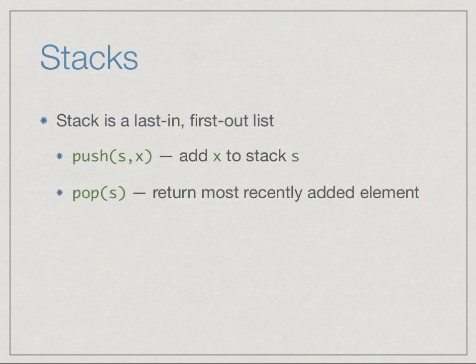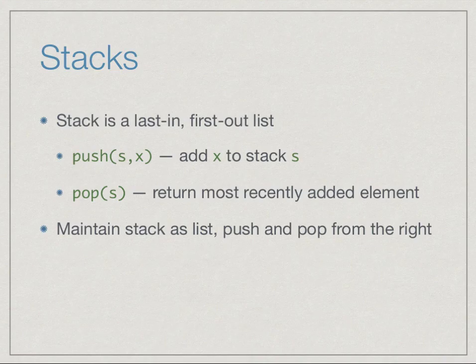Usually this is denoted by giving two operations. When we push an element onto a stack, we add it to the end of the stack, and when we pop a stack, we implicitly get the last value that was added. Now this is easy to implement using built-in Python lists. We can assume that stacks grow to the right, so we push to the right and we pop from the right.